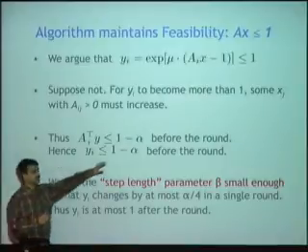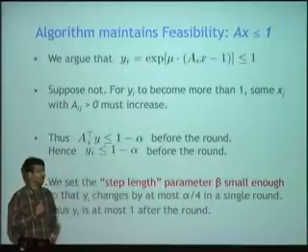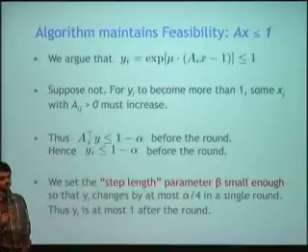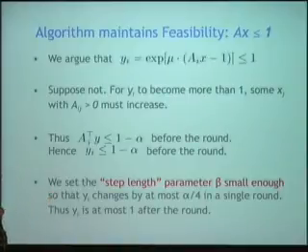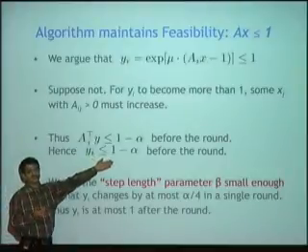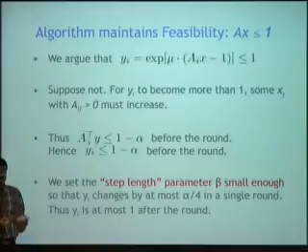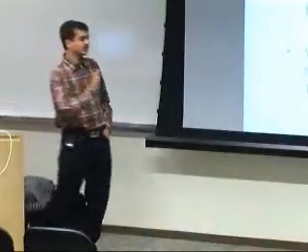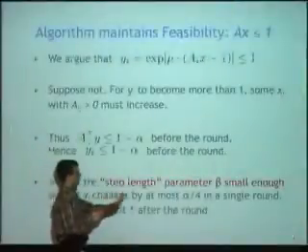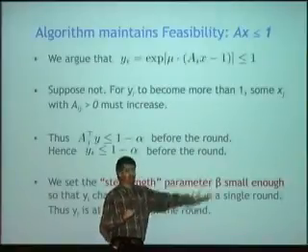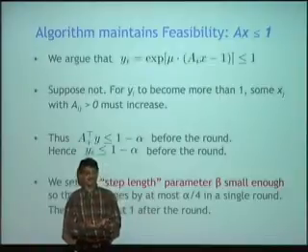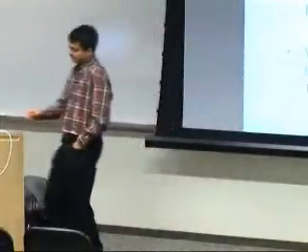So if y_i is less than 1 minus alpha to begin with, then in a single round it cannot be more than 1. The point here is that we have to set the step length parameter small enough if we want to maintain feasibility. But we should not set it too small, because we want fast convergence. That will come next.